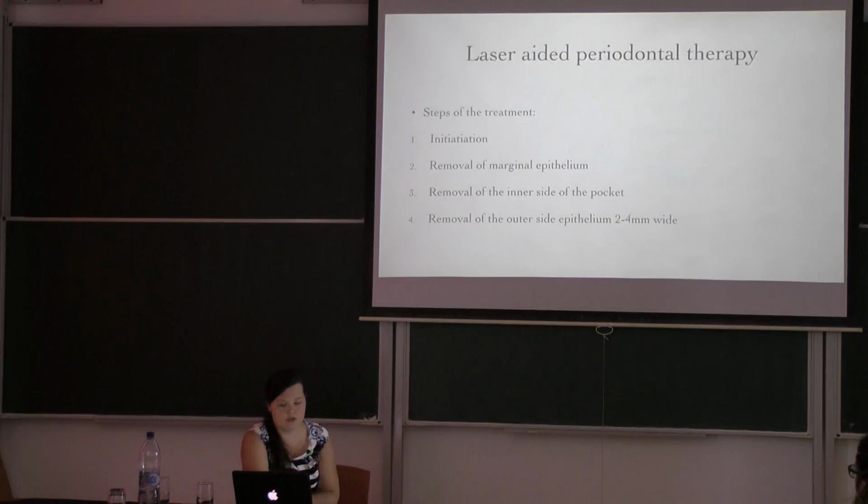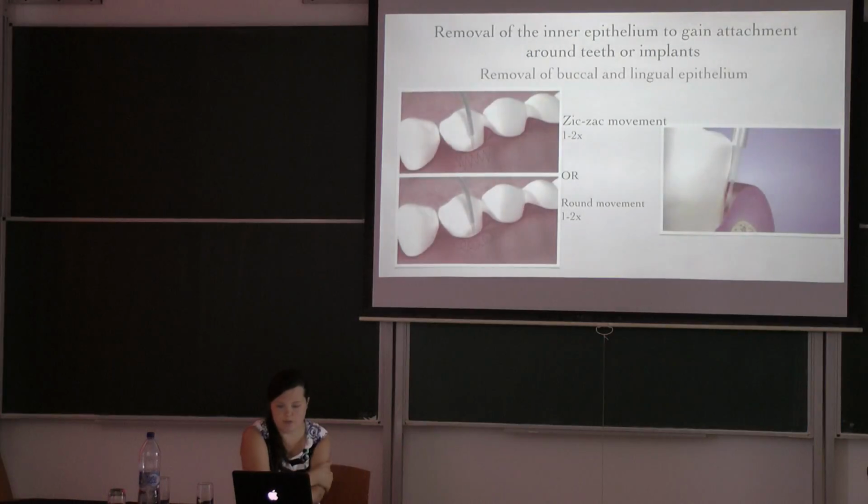Of course, we do the removal of marginal epithelium, then we remove the inner side of the pocket, the granulation tissue and all this infected epithelium, and then it's very important to remove the outer side of the epithelium of the papilla, 2-4 millimeters wide. I will just show you in pictures.